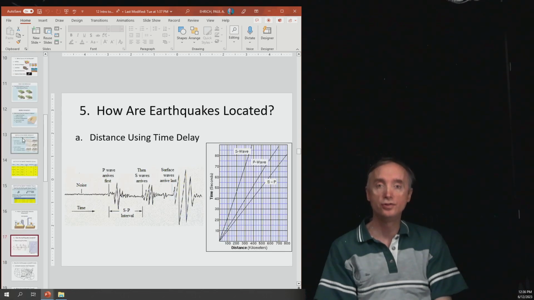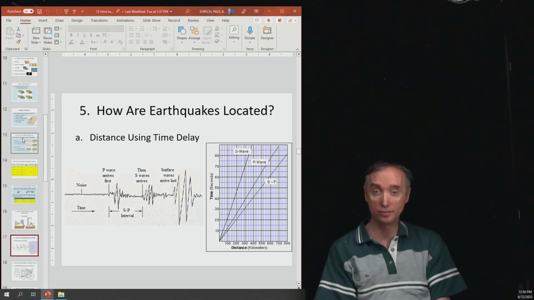Okay, how do you locate earthquakes? So by using the time delay between the S and the P waves. So if you subtract those two waves, that time difference is going to be proportional to how far away the earthquake occurred.